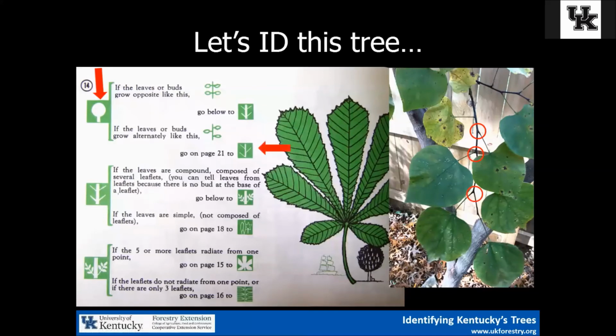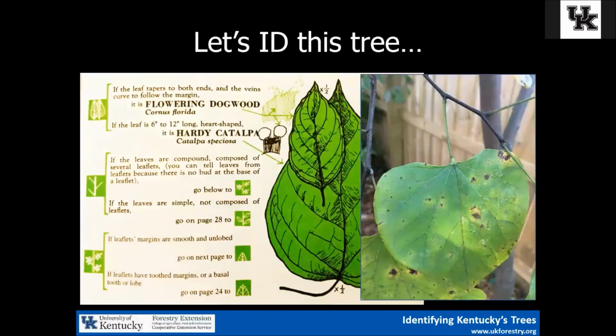So now we're going to go to page 21, get a little farther in our guide. Okay, page 21, and it's the middle bracket that we went to this time. Now it's going to ask us about leaf form, compound or simple. So again, it states if the leaves are compound, composed of several leaflets, you can tell leaves from leaflets because there is no bud at the base of the leaflet. See, it reminds us.